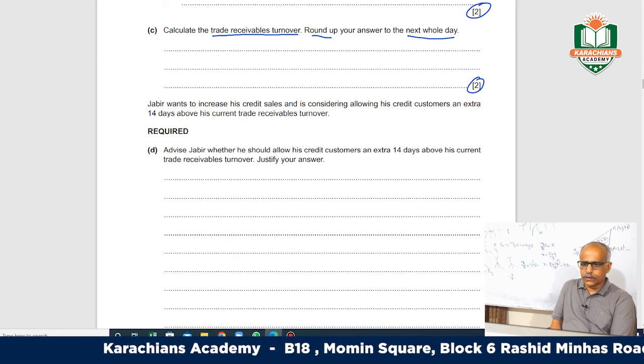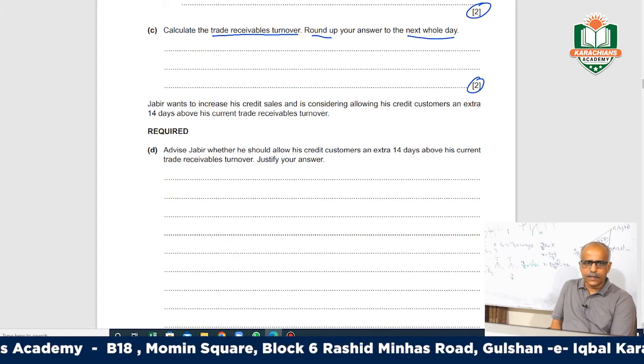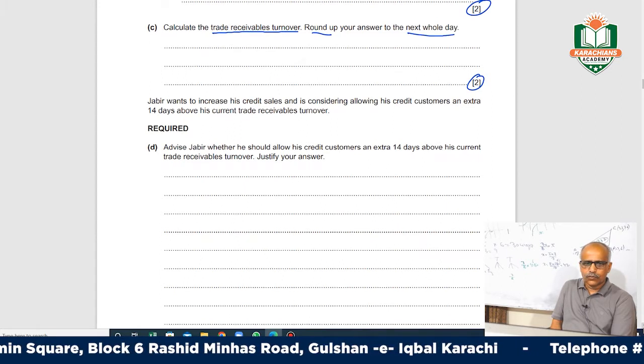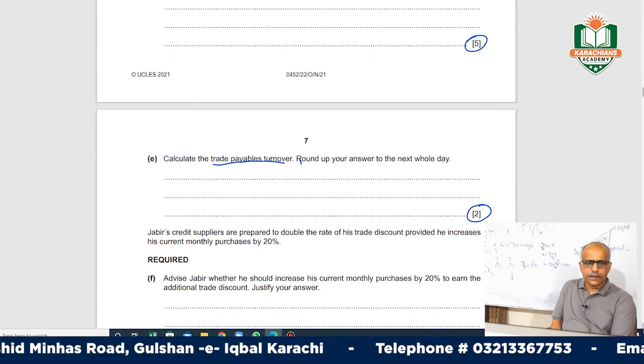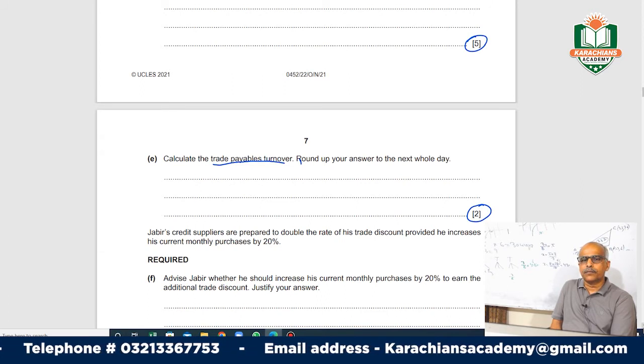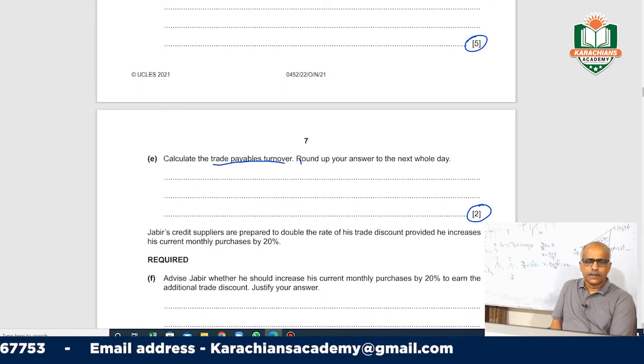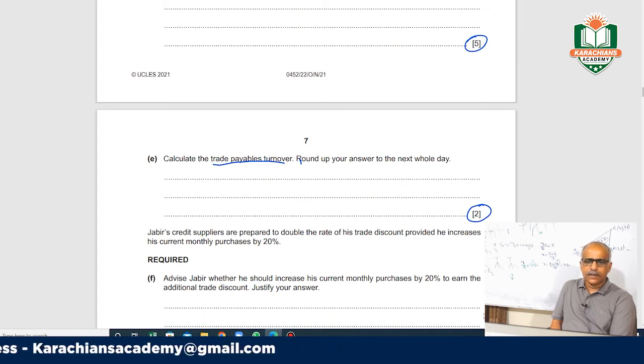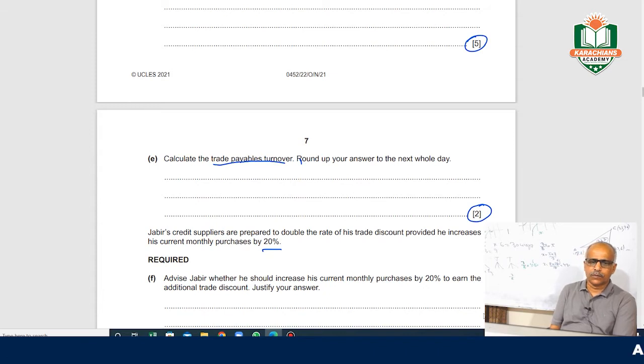This is another situation. We will advise Jabir whether he should allow 14 days credit. In E you have to calculate trade payable turnover. And in F he has given some proposal, so we will see what the proposal is.